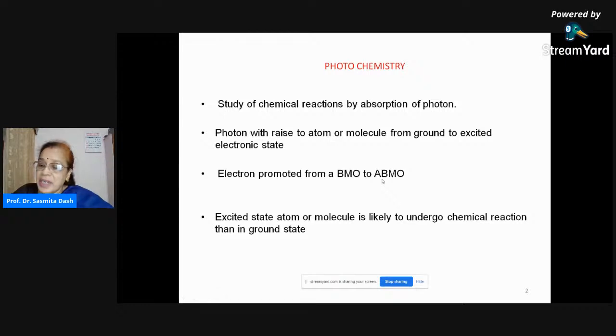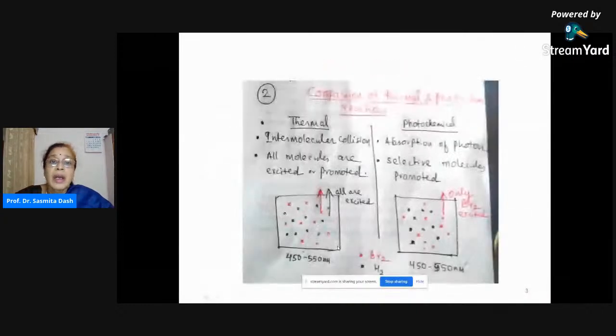In the excited state, the atom or molecule is more likely to undergo chemical reaction than when present in the ground state. In ordinary thermal reactions, the activation energy results from random intermolecular collisions. This is the thermal reaction, where there is random intermolecular collision and excitation of the molecules.